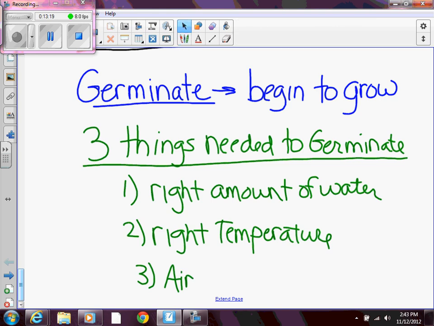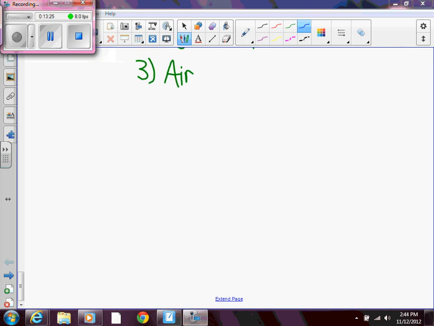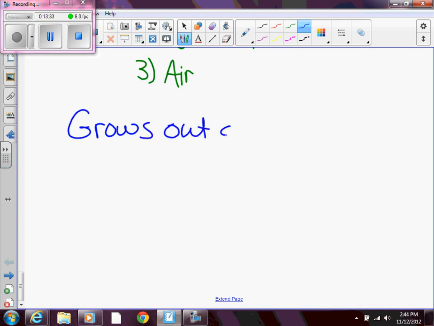Okay? So they need those three things in order for them to germinate. If they don't have one of those, after it germinates, it starts to grow how? It grows what? Out of where? What's it say, Connor? No, it grows out of the soil, remember?